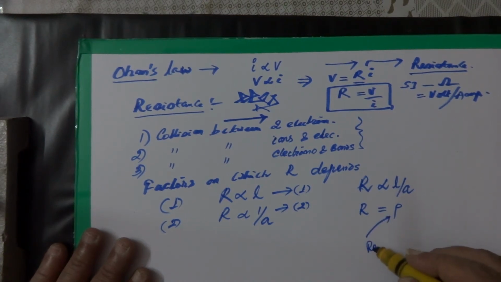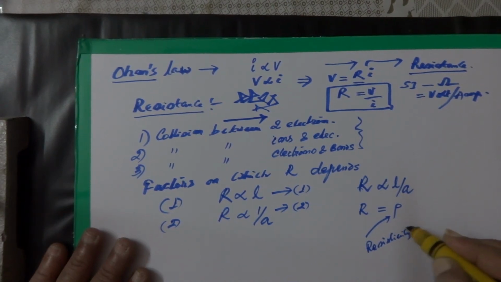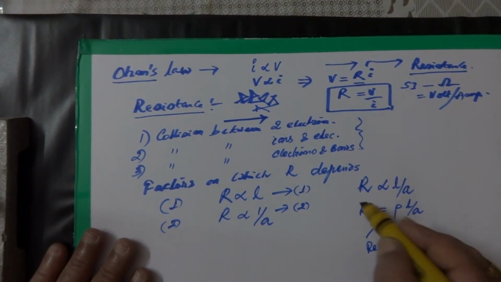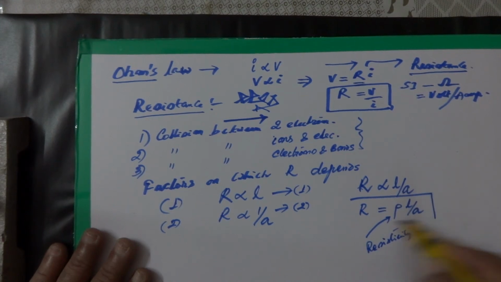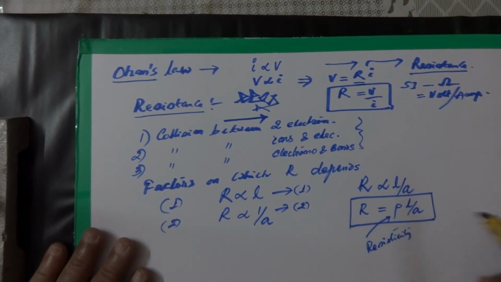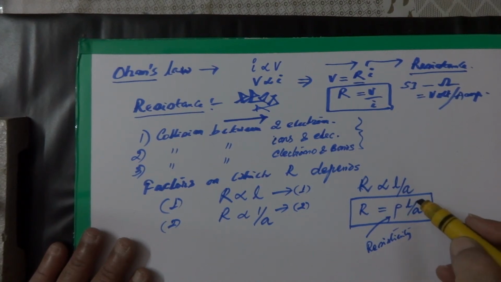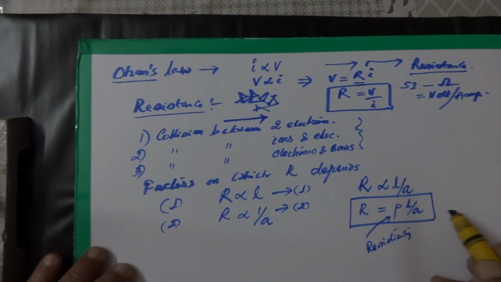Therefore, the resistance is equal to rho, the specific resistance or resistivity of a material, times length divided by the area of cross section. So R is equal to rho L by A.